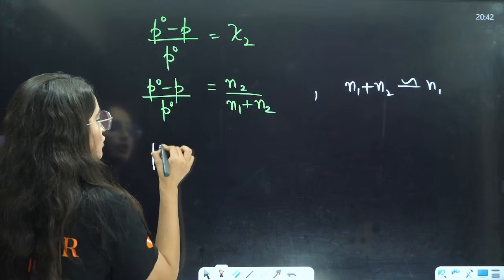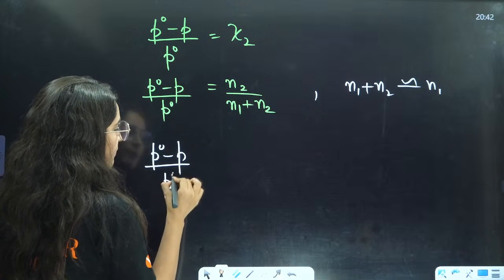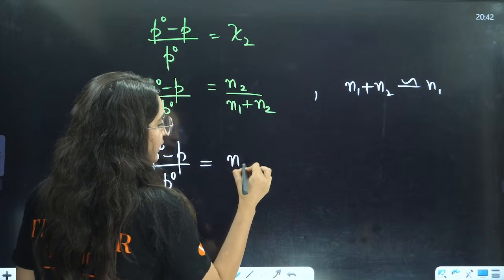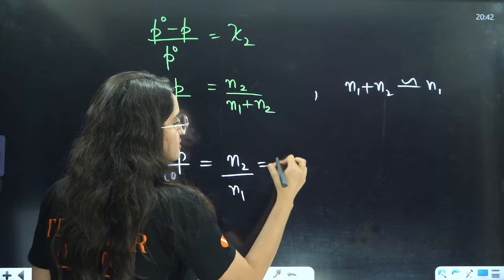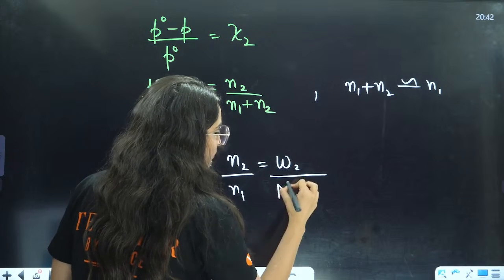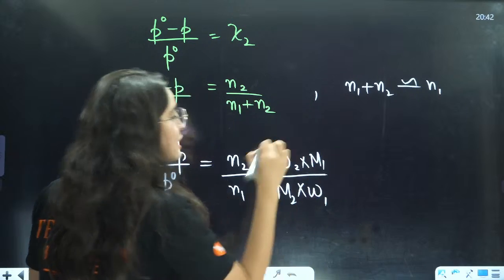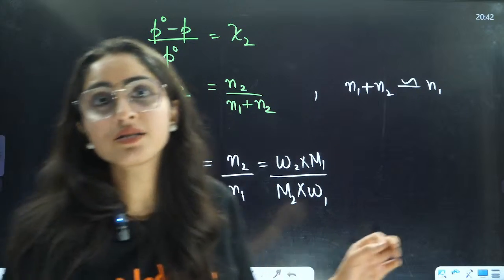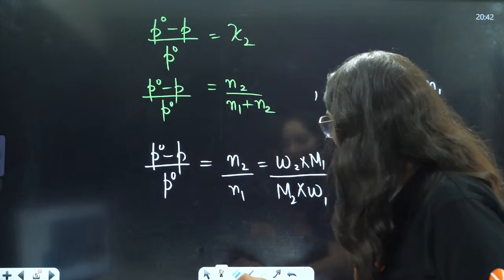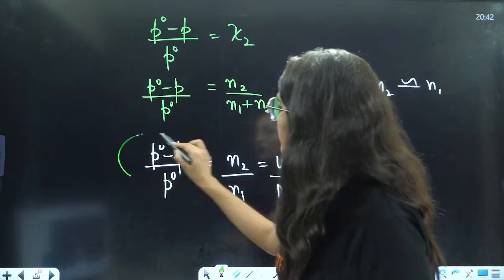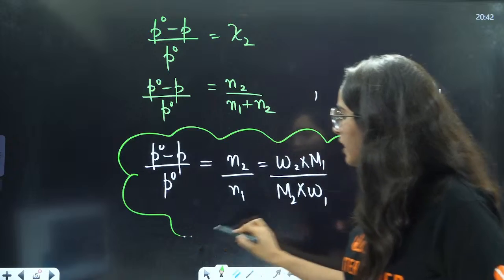It will be P naught minus P divided by P naught equals N2 by N1. You can say this is W2 by M2 multiplied by M1 by W1, where capital M is the molar mass, W is the weight, right? And this will become your final formula, right?